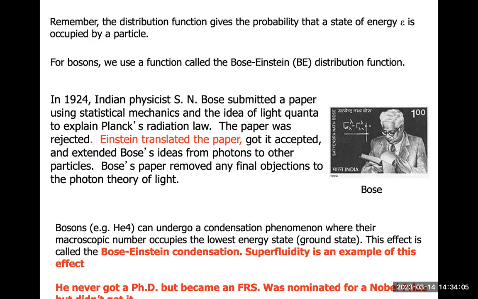And the paper was translated by Einstein, got accepted immediately, and well, Einstein got a Nobel Prize, not for this paper, and Bose didn't get a Nobel Prize, but he was nominated, but became a fellow of the Royal Society, a big honor, without a PhD. That's quite an amazing story. You should read about him.